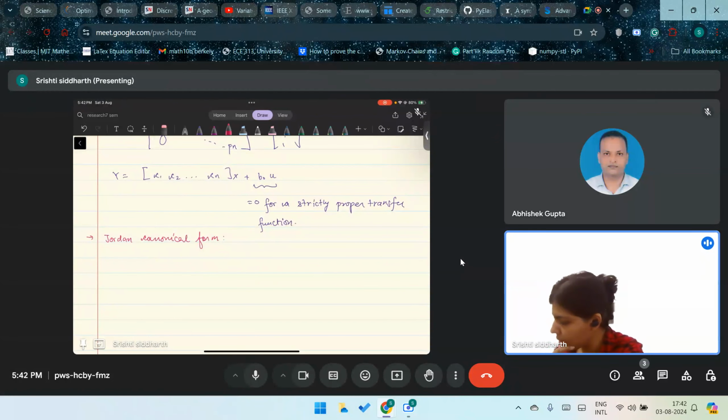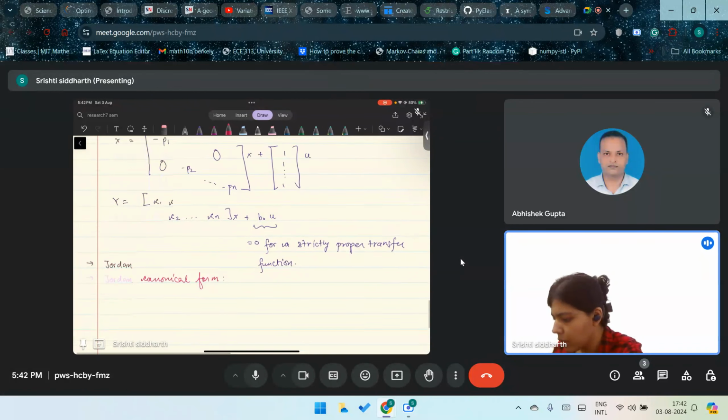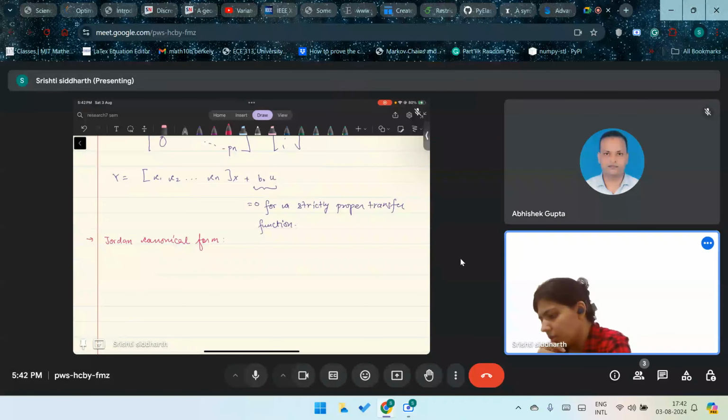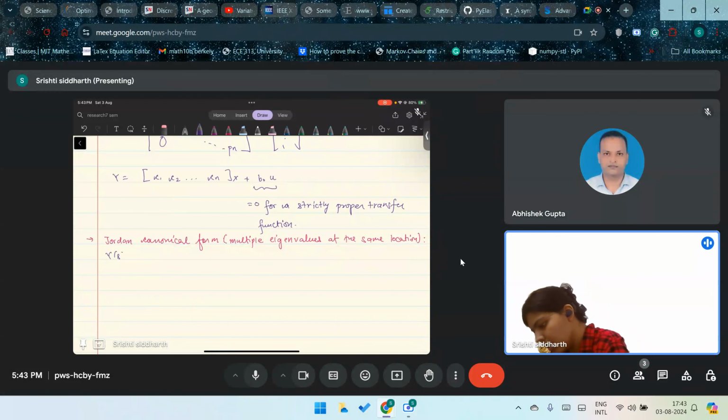Now for the Jordan canonical form, the difference from the diagonal form is that we can consider multiple eigenvalues at the same location. So this is for multiple eigenvalues at the same location.